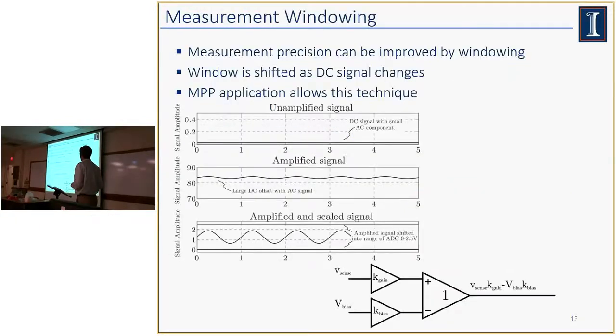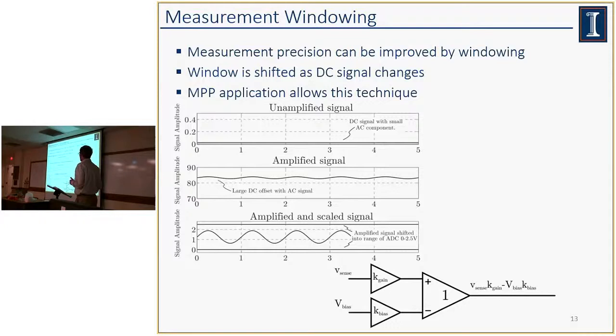Basically what I mean by windowing is we're going to take this almost negligible signal from the sense resistor that's measuring current at the input of the power converter, and amplify it until the ripple magnitude fills a measurable, significant percentage of our ADC range.